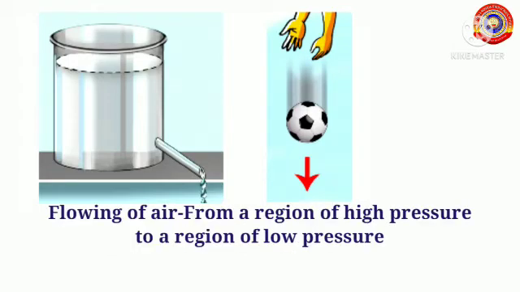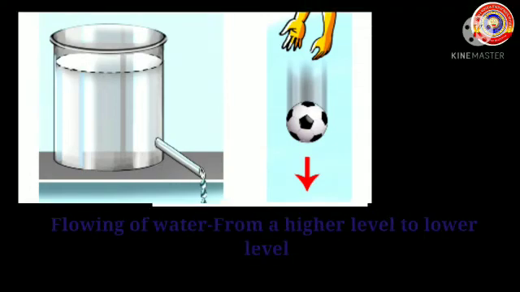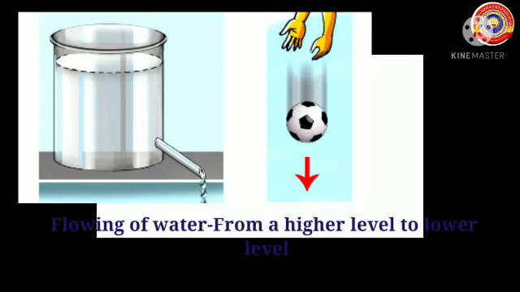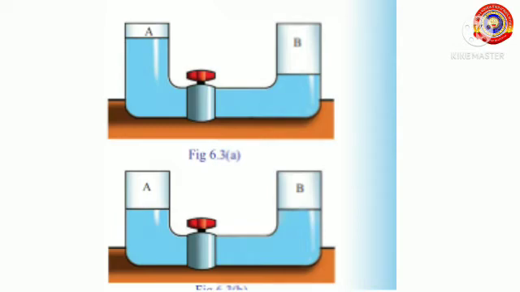In the case of flowing of air, it is from a region of higher pressure to a region of low pressure. And in the case of flowing of water, it is from a higher level to a lower level. So you might have understood now that there should be a difference in energy levels between 2 points if any type of flow is to occur.